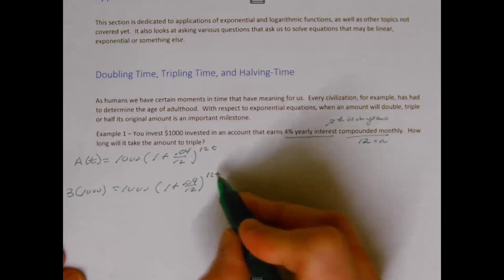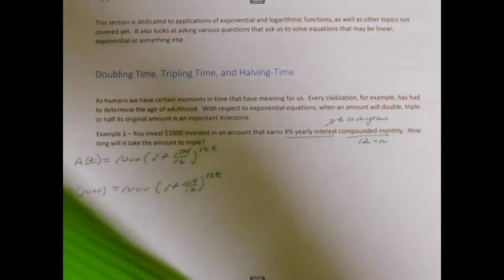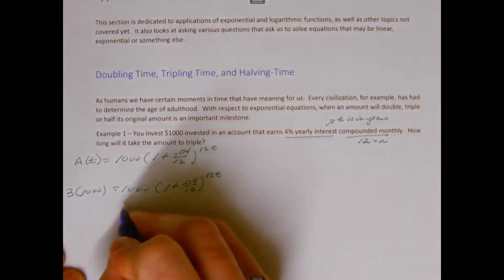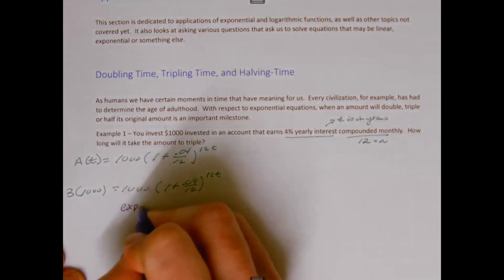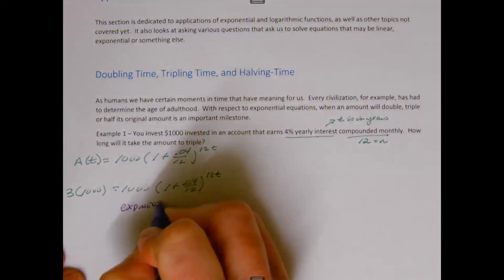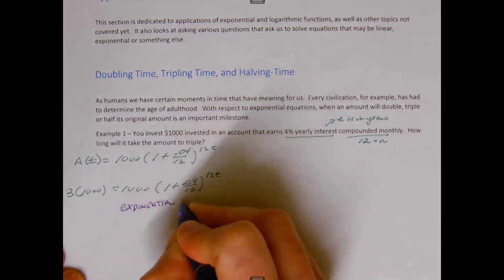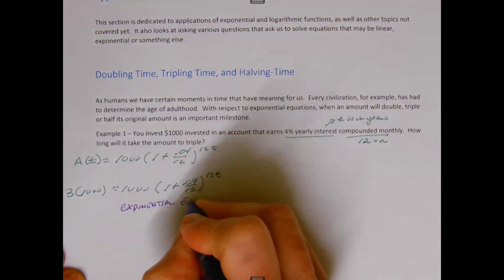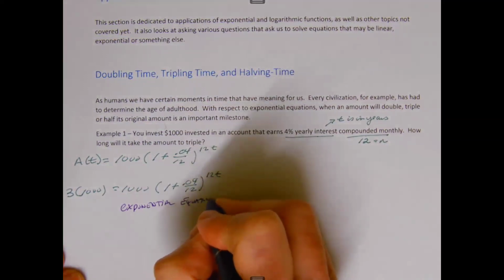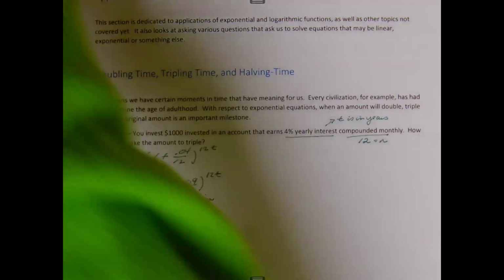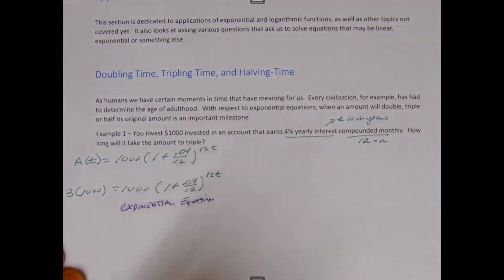I see that t is in the exponent, so notice this is going to be an exponential equation, because the variable is in the exponent. So now I'm going to start solving. I need to clean this up.